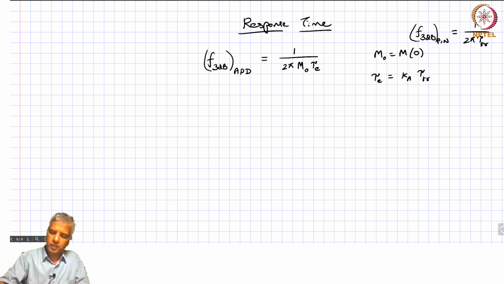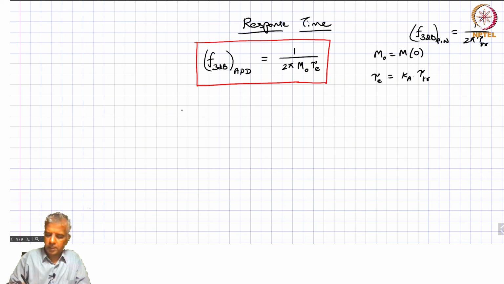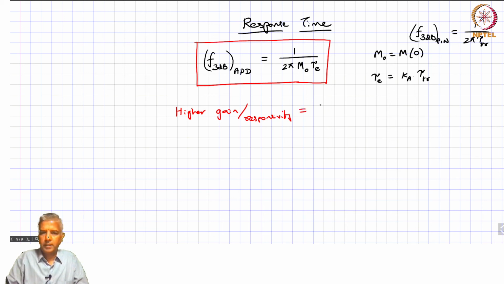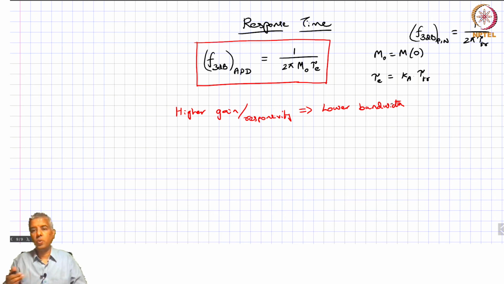What we are saying is that higher gain, or you can just say higher responsivity, implies you have lower bandwidth, a slower response time.